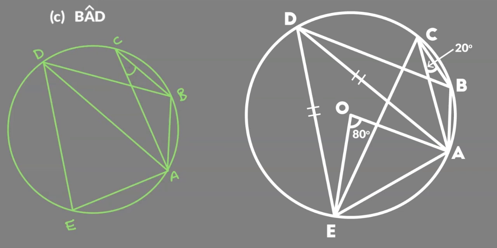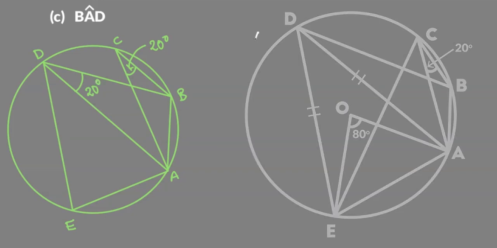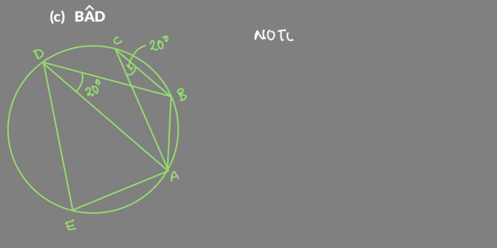So this angle here, as you can see in the diagram, has been labeled as 20 degrees. Now, this angle here is in the same segment with the angle here, meaning this is also going to be 20 degrees. In short, angle ACB is equal to angle ADB.